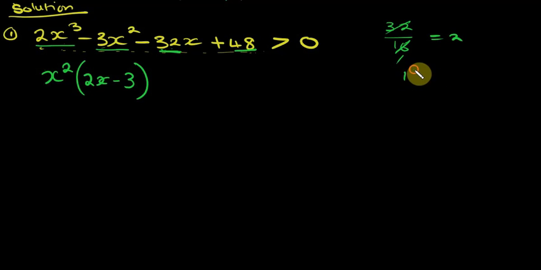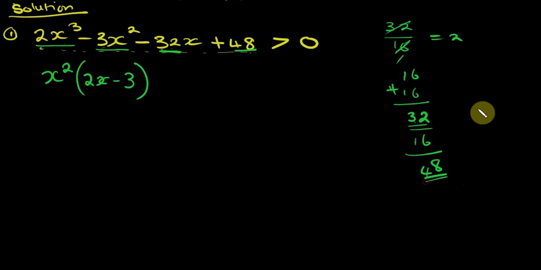Is it true? Yes, because 16 plus 16 gives 32. What happens if we add another 16? That gives us 48. So this tells us that 48 divided by 16 gives you 3. Alright, cool, excellent.